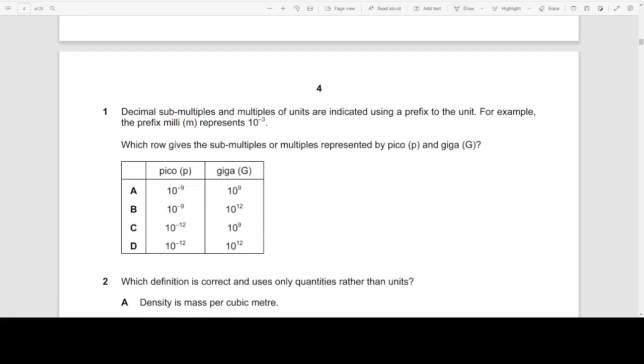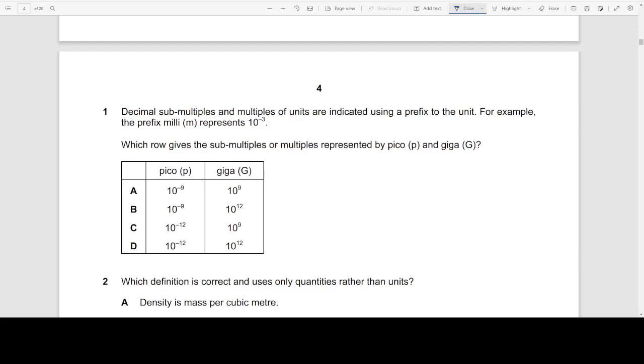Starting with question 1. Decimal submultiples and multiples of units are indicated using a prefix to the unit. For example, prefix milli represents this. Which row gives the submultiples or multiples represented by pico, p, and giga? It's something you'll have to memorize.